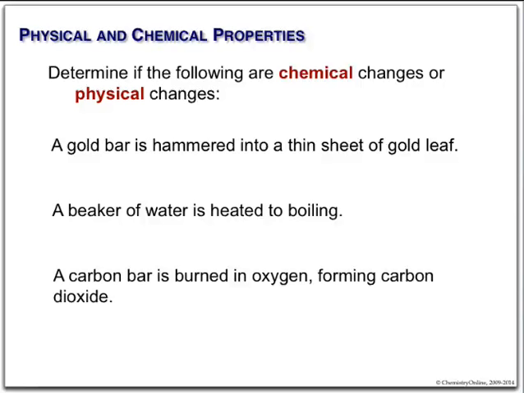Well, if we take a gold bar and we hammer it out into a sheet of gold leaf, we still have gold. It's just really thin. Classic example of a physical change.